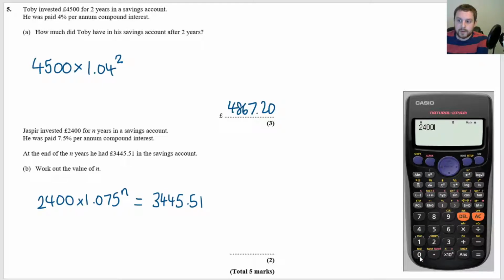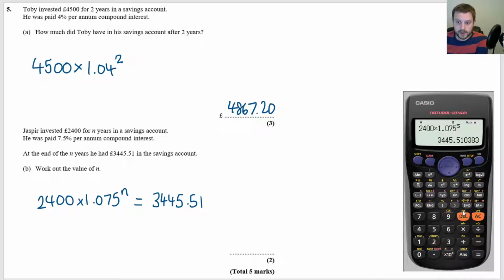So I'm going to do 2,400 times 1.075 to the power of, well, let's see, was it after 2 years? No. Was it after 3 years? No. Was it after 4 years? No, it looks like it's probably going to be after 5 years, doesn't it? 3,445.51.